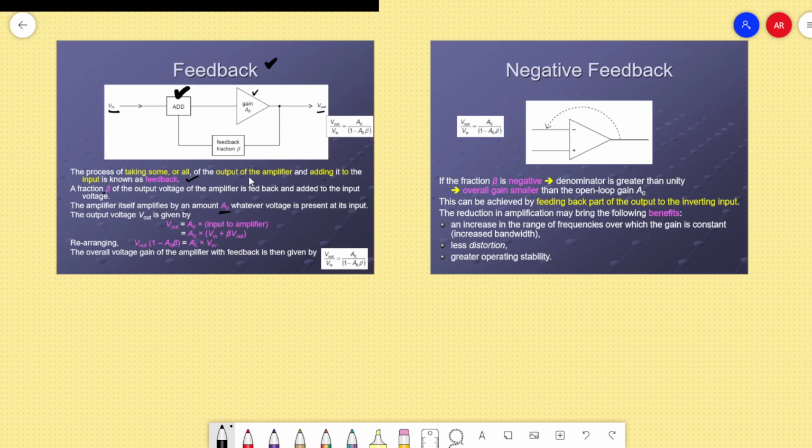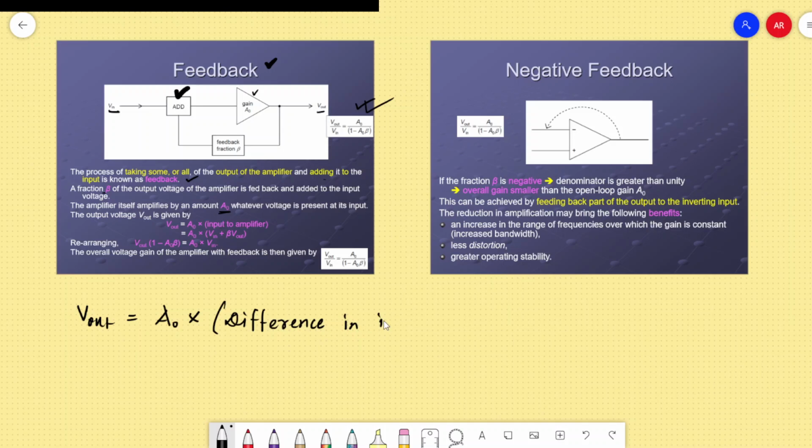Now let us see how the equation is derived for the feedback amplifier. What we have seen earlier is that the output voltage is A naught times the difference between the input voltages, isn't it?